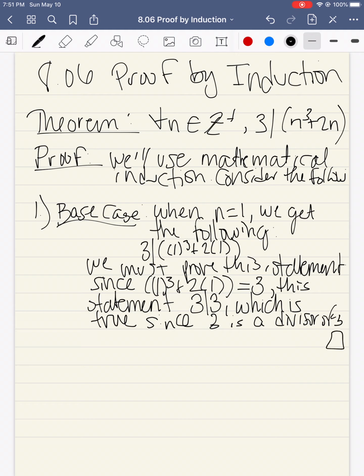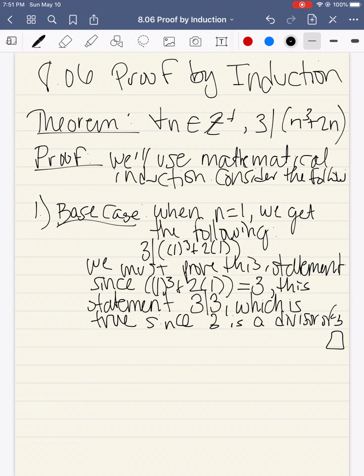We could actually go in and use the definition of divisor and show that 3 is equal to 3 times j, where j is an integer, and so on and so forth. But in this case, it is clear that 3 divides 3.